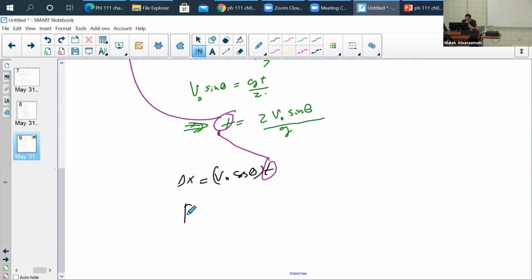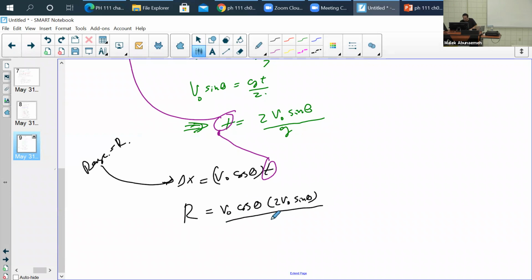That means your range, and again, we said x is your range, is going to equal v naught cosine theta times 2 v naught sine theta divided by your gravity g.